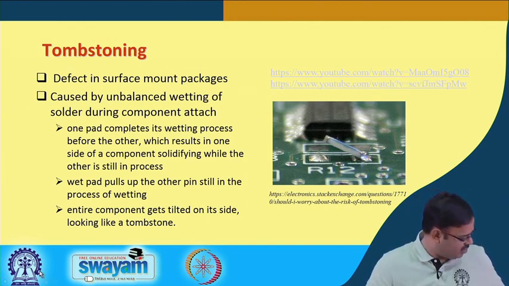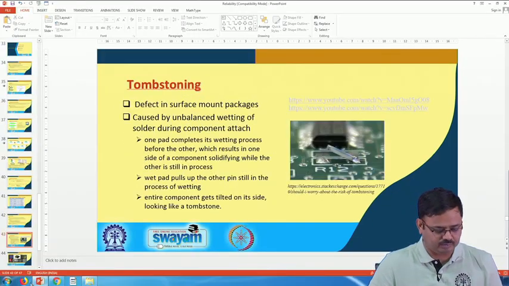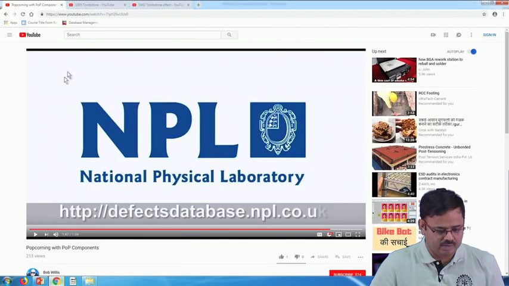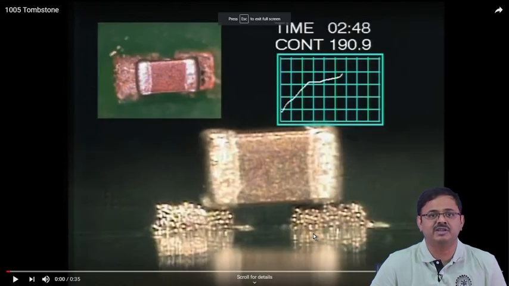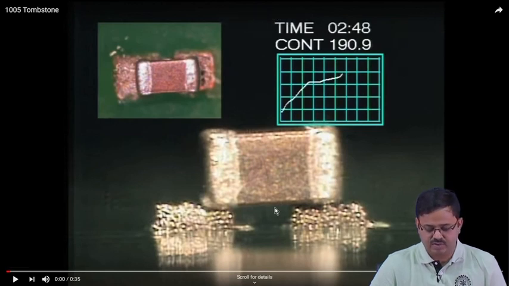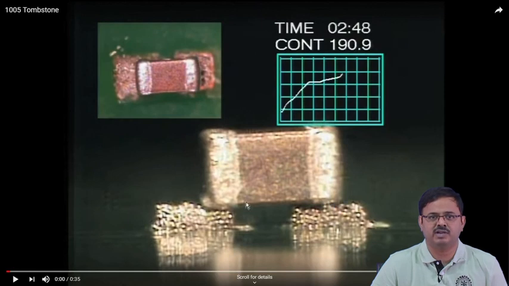Now, again let us look at a couple of videos which will make it more visual. Let us look at this one. You see here the actual picture where a component, these are two solder pads and these are the two interconnects. Ideally there should be a wetted joint over here and a wetted joint over here, but what happens?